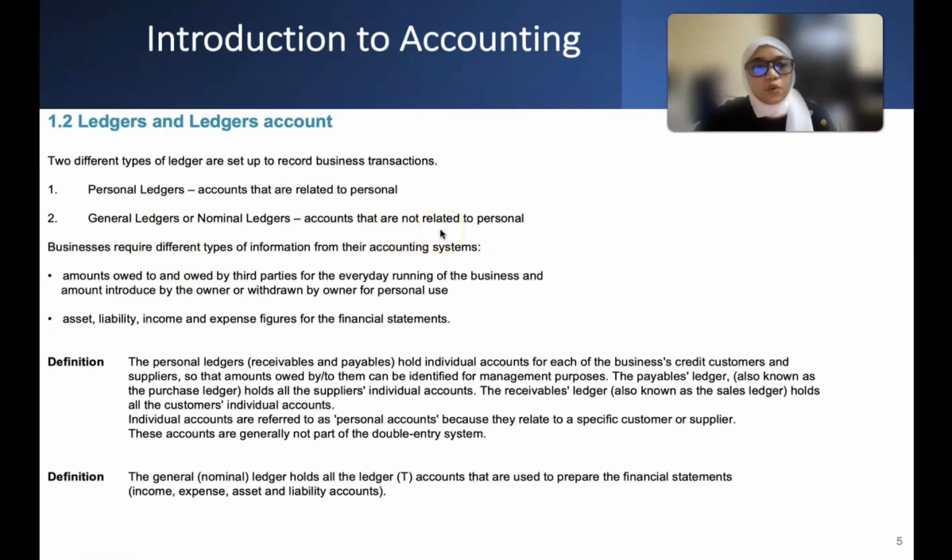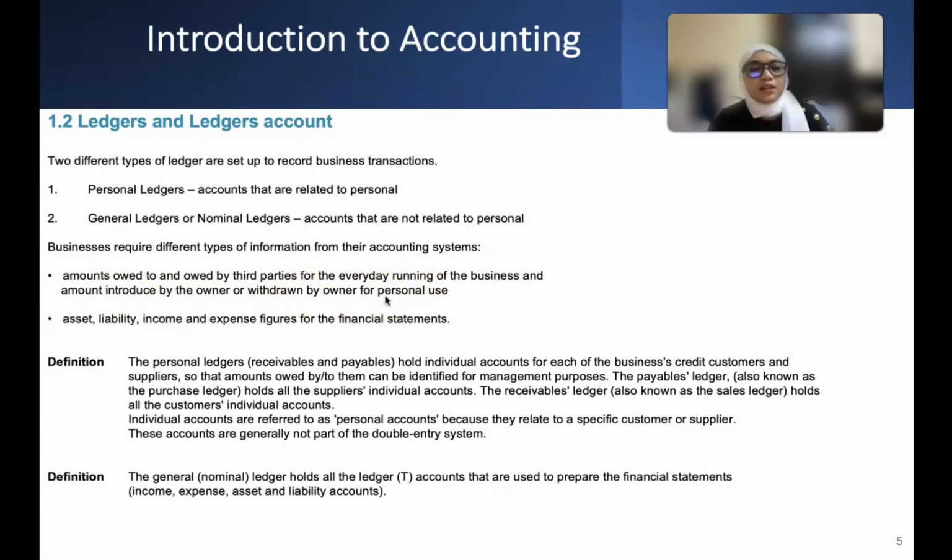So what are the accounts that are related to personal? Something we owe to or owed by third parties for our everyday business transactions are the personal accounts, or something that the owner has introduced or withdrawn for his personal use.